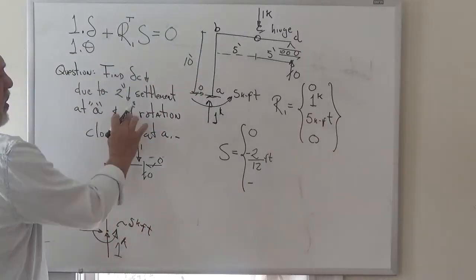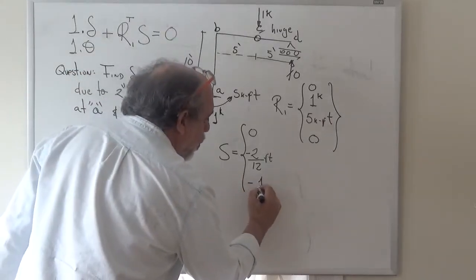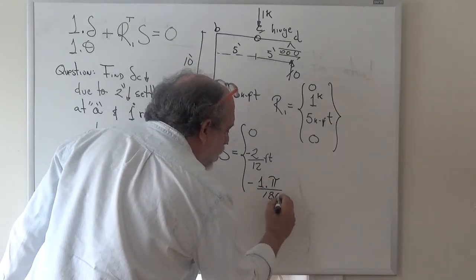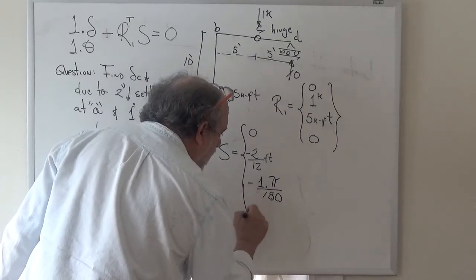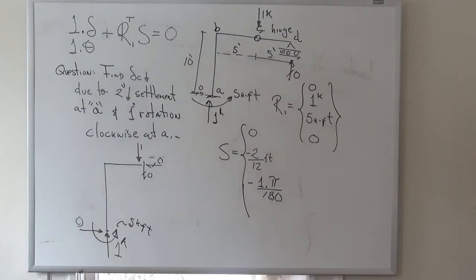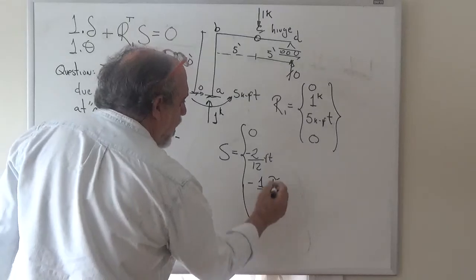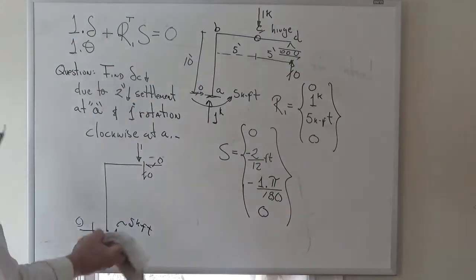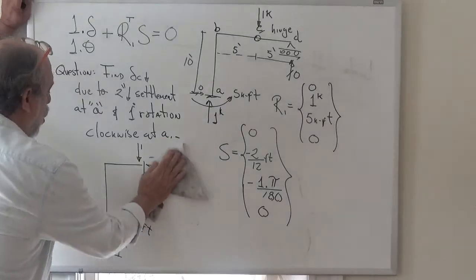And it's 1 degree, therefore it is equal to 1 times pi divided by 180, because as we all know, you cannot work in degrees, you have to work in radians, right? So minus 1 times pi over 180. And then we finish with A and we go to B, and in B nothing's going on in the vertical direction there, which is the only reaction, and so we have our settlements. And we finished.